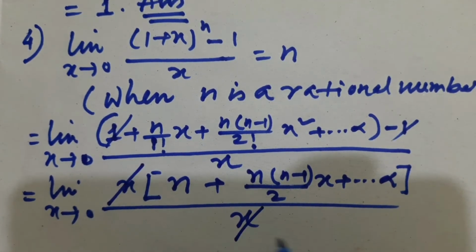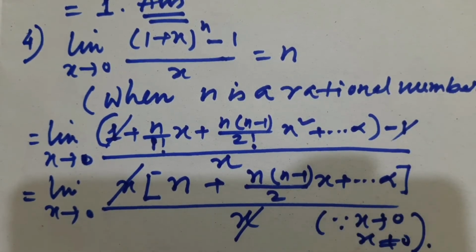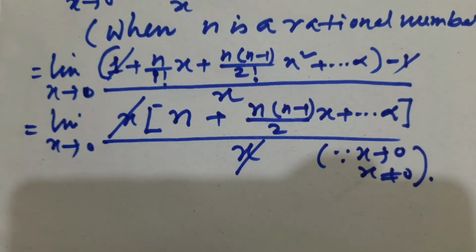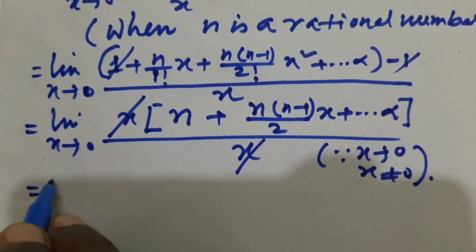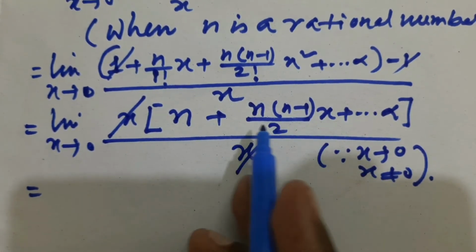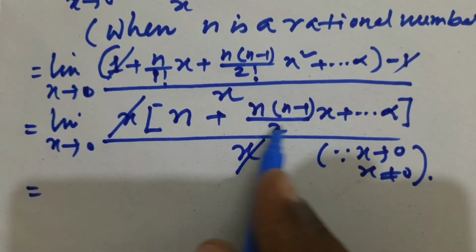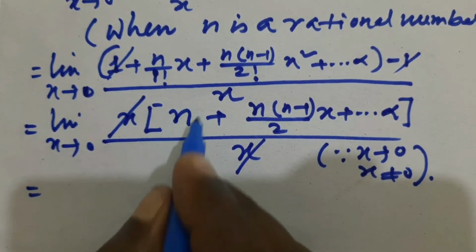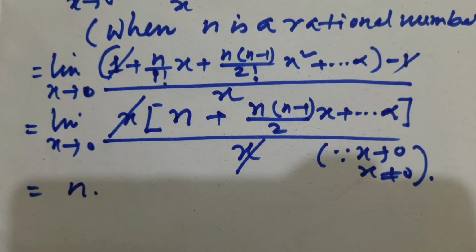So these x are cancelled, as x approaches to 0, so x never will be equal to 0. Now see, if we put x approaching 0 in each term, then only n is left here, so this is your answer.